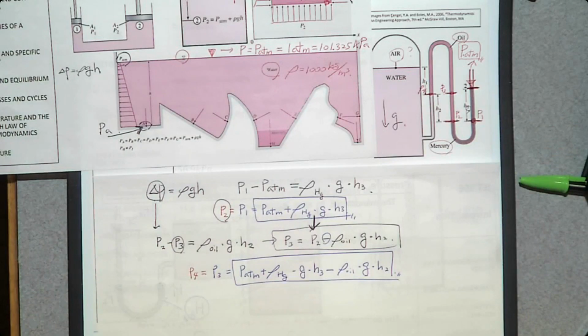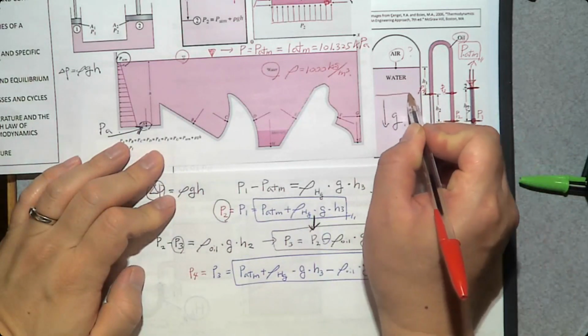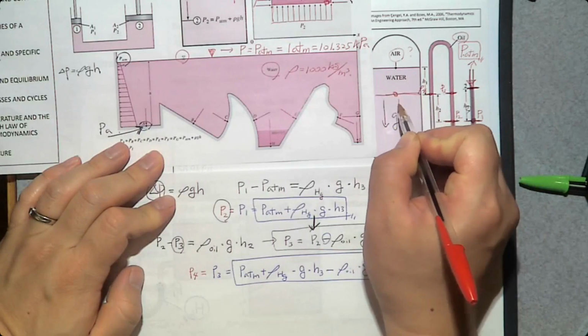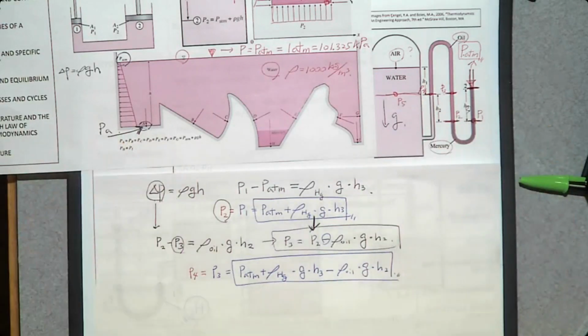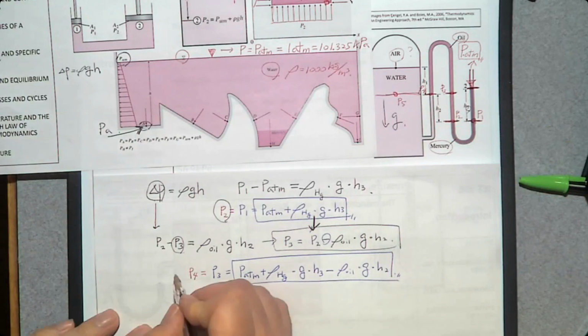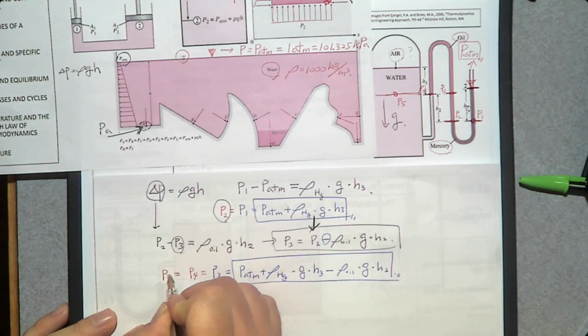Between P4, I can find another imaginary interface here. I'm going to call it, at this location, P5. What is the relation between P5 and P4? They're the same liquid, water, at the same elevation. So P5 and P4 should be the same.